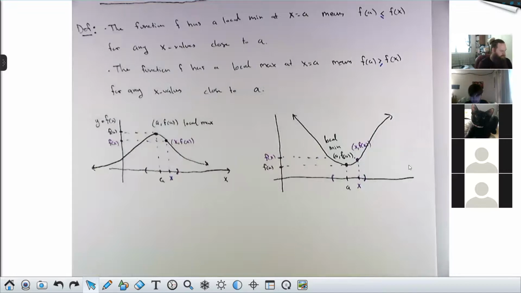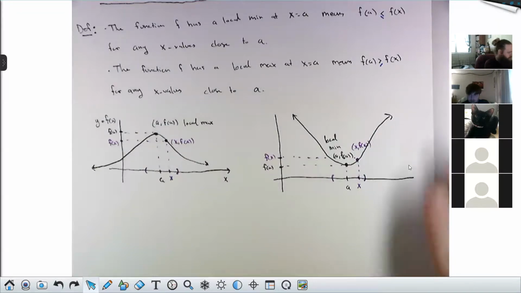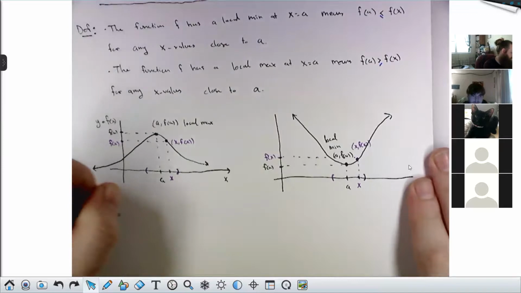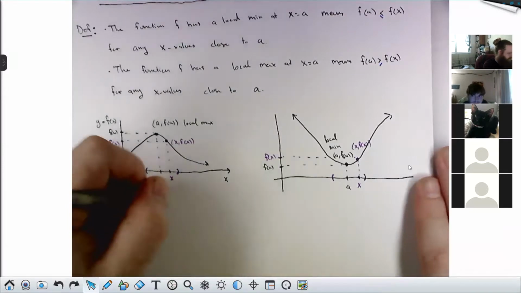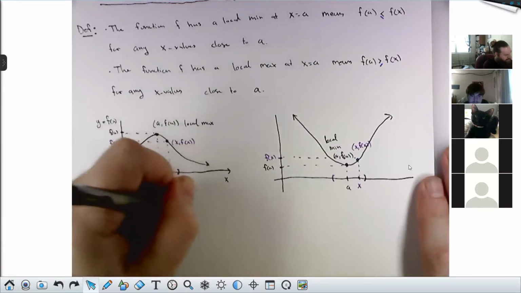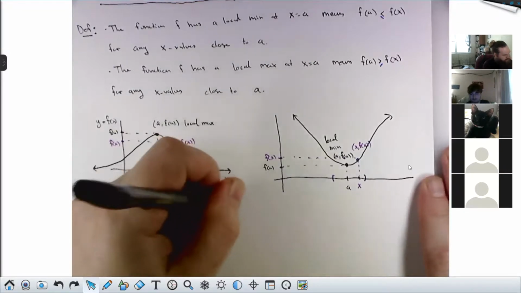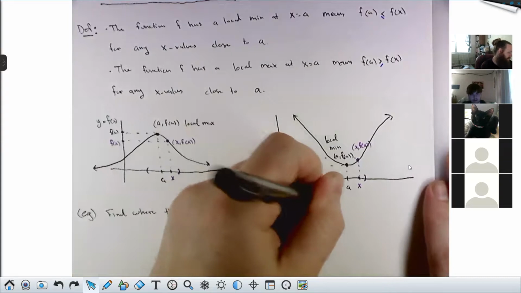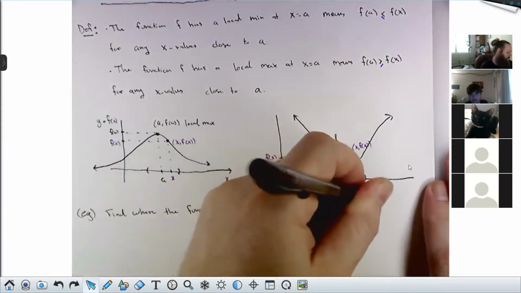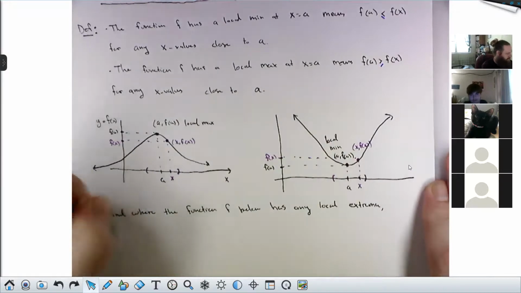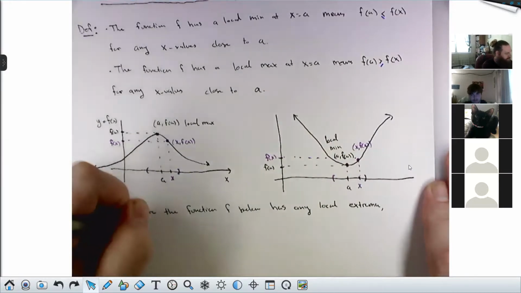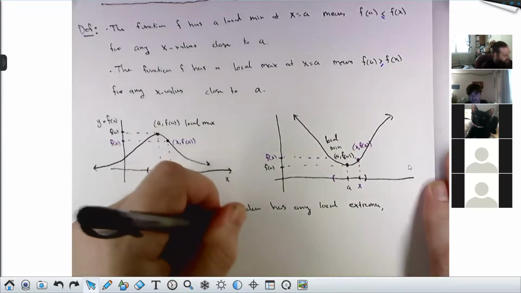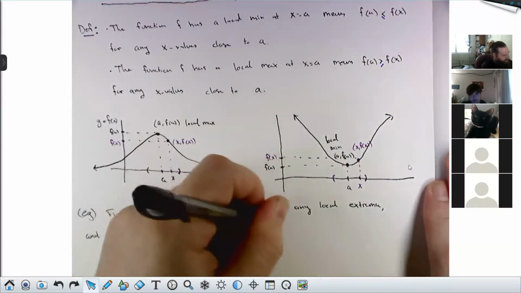Okay, so let's look at a nice simple example. And we're also going to state the intervals of increase and decrease.